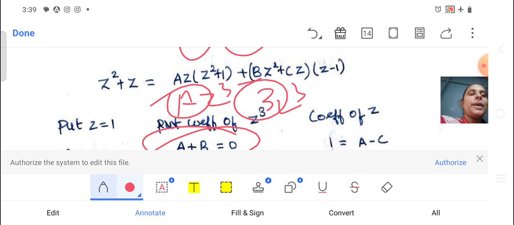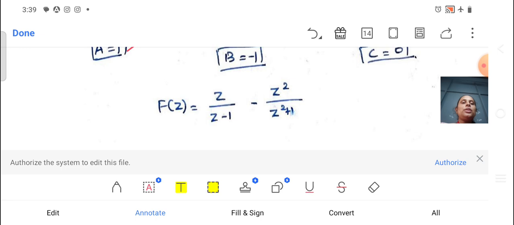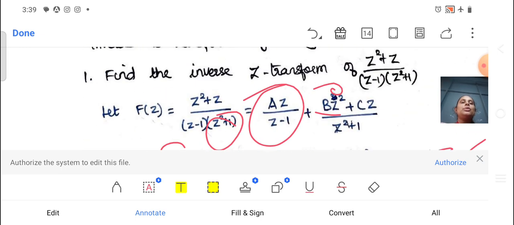Similarly, comparing the coefficient of z, the left hand side is 1, and on the right side it is A z plus minus C. Since A is 1, 1 plus B equals 0, so the value of B is minus 1. Then we find the value of C using the A value, and C is 0.